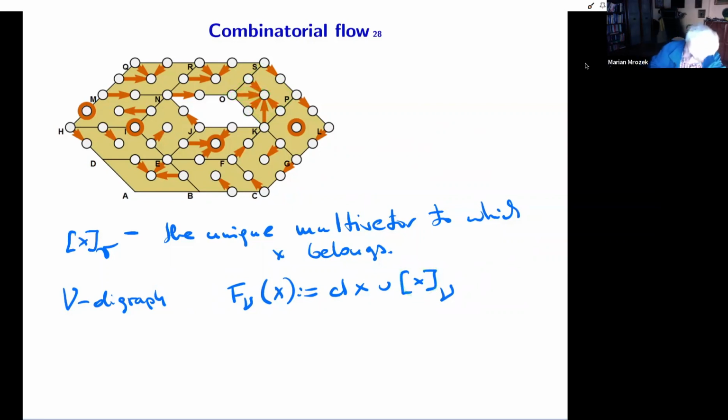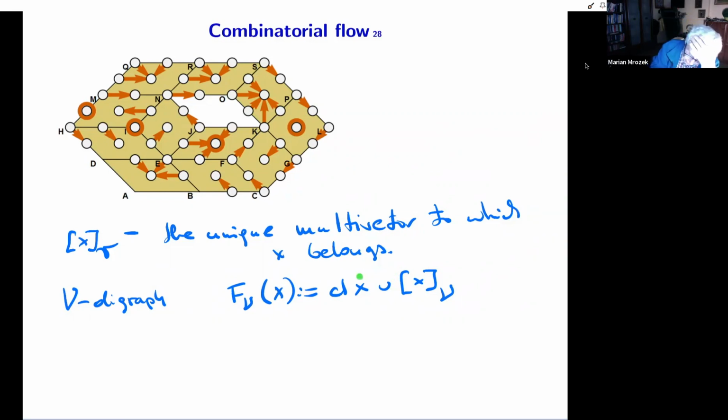In some sense, I treat the multivector as a kind of black box where I know nothing about the real dynamics. So I do not want to forbid something. It's better to allow more than to forbid. Since I do not understand what's going on inside the multivector, I just allow for any movement.